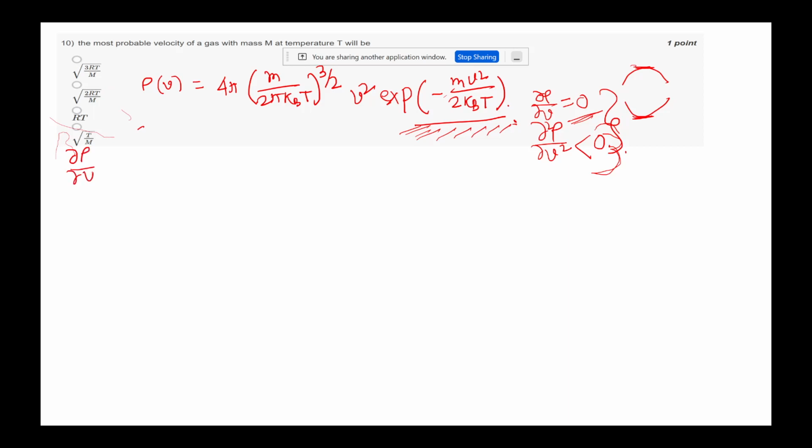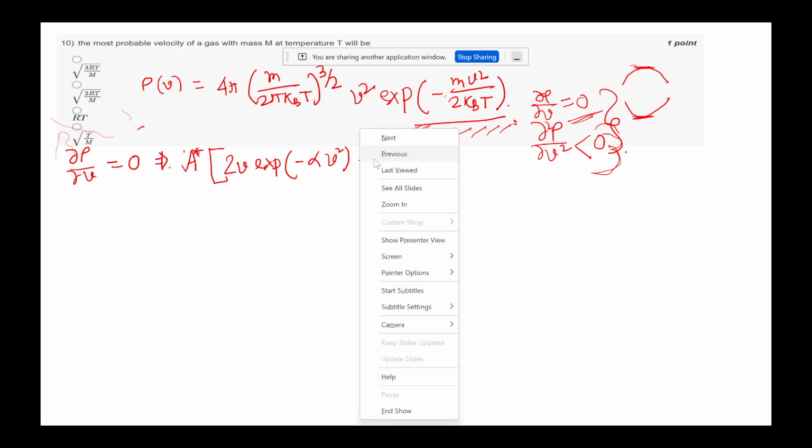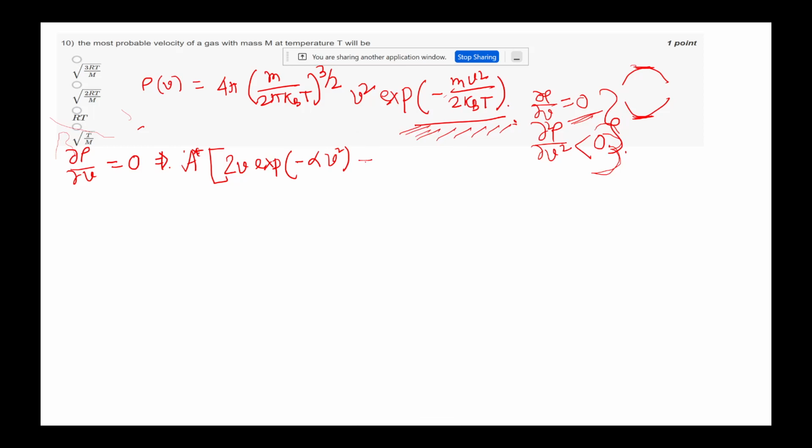Del rho del v equal to 0. That brings us to, I will ignore all the constant parts, because the constant part doesn't count in the differential. This is 2v times the exponential, let's call m by 2 kBT as alpha, alpha v square, and then minus mv by kBT into v.